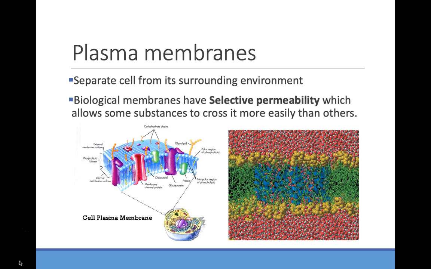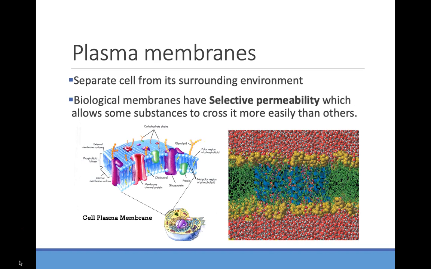If a cell isn't part of a eukaryotic organism, that cell is part of a bigger functioning unit, and so it needs to be able to communicate with the rest of the cells around it. And cells will also produce proteins and other molecular products that can be used outside of that cell in the larger organism. So the fact that the plasma membrane controls what moves in and out is really important.